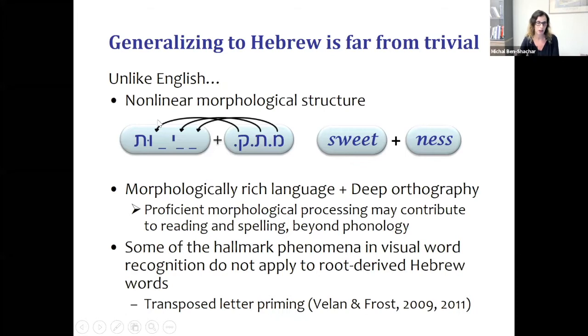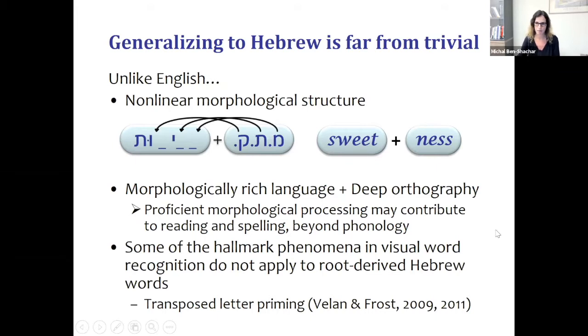Hebrew is also, unlike English, a morphologically rich language, and it also has a deep orthography, similarly to English. So the combination of both of these together, and specifically the fact that in Hebrew we don't spell out the vowels, suggests that morphological processing actually has a really important role in Hebrew reading and spelling, way beyond the role of the well-known phonological predictors of reading.